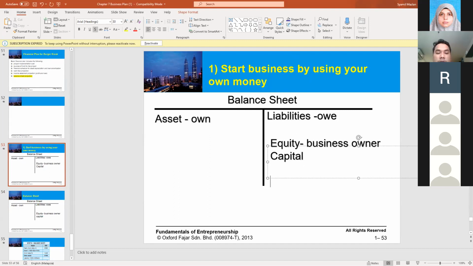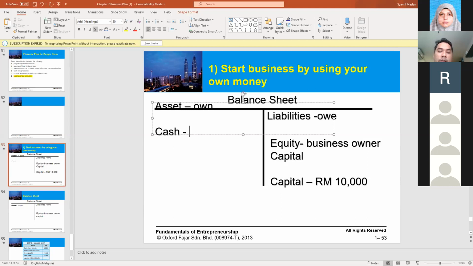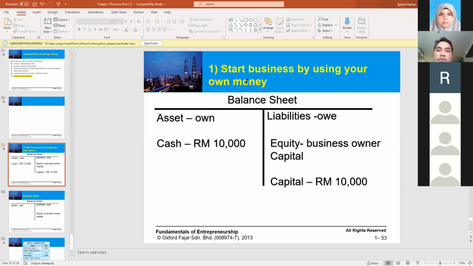You record your own capital here as 10,000. And when you start the business using your own money, you bring the cash to the company, right? So it will increase your cash by 10,000. This is what we call a double entry. You start business using your own money, you increase your capital, and you increase your cash.